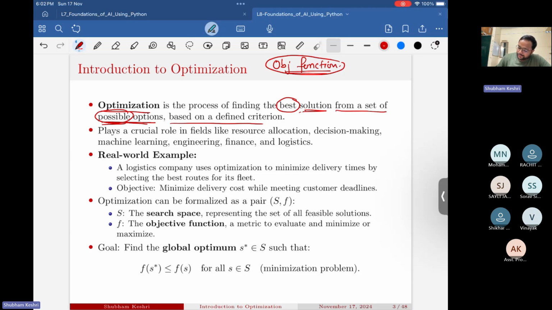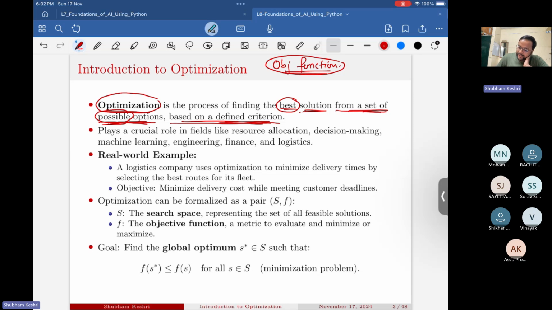So we'll see what I mean when I say some solutions may not be feasible. From this set of solutions, you have to choose only those solutions which are feasible and that maximize the objective function if it is a maximization problem, or minimize the objective function if it is a minimization problem. So optimization is just a decision process in which we are trying to find the best or close to best solution from a set of possible solutions based on some decision criteria.